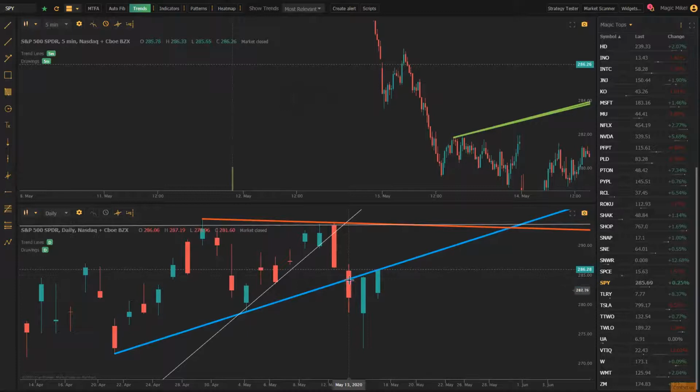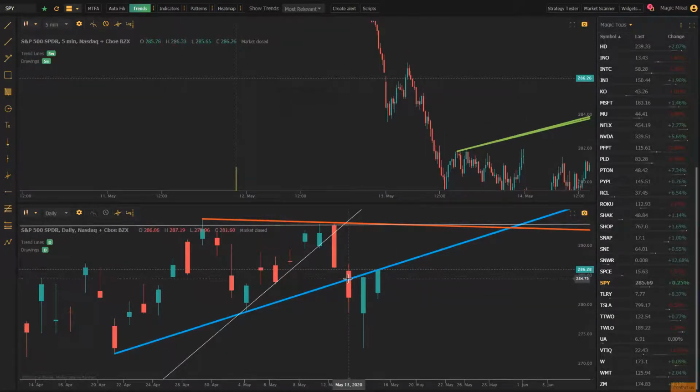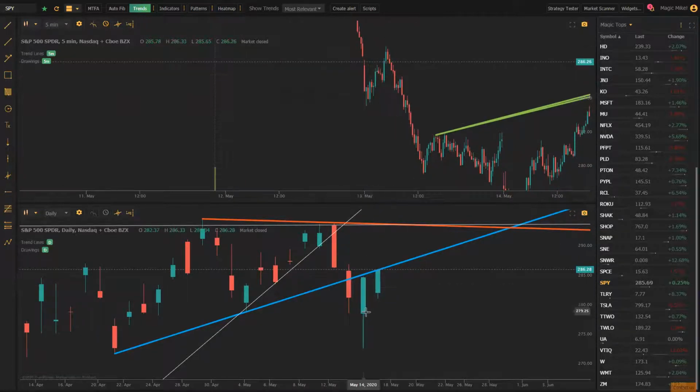Okay. And this was the next day right here on Wednesday, May 13th, to where we dropped and then we hit this blue line, causing this jump back up, which was a support at this zone, and then dropped massively all the way back through it, closing for another red day from an opening price of 286.20, but we did see 287.19 there, all the way to the drop of 278.98, but with a closing price of 281.53.